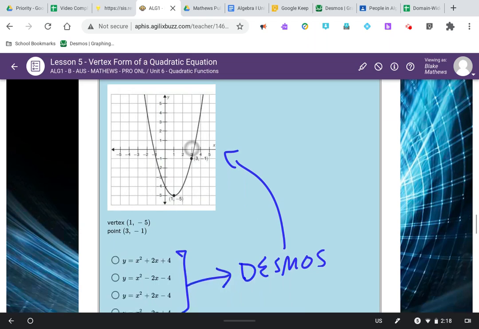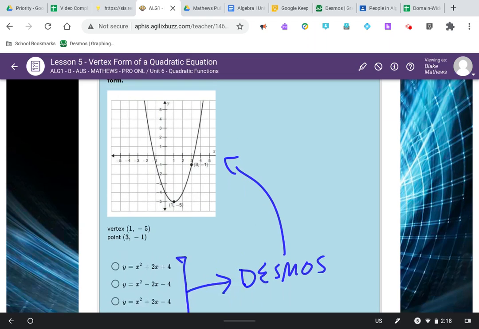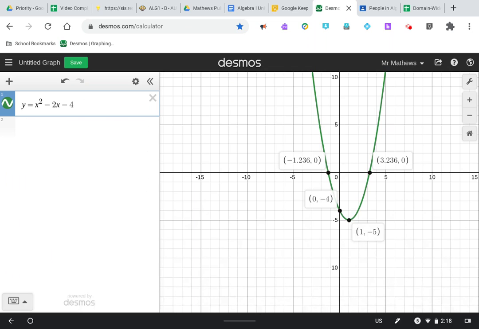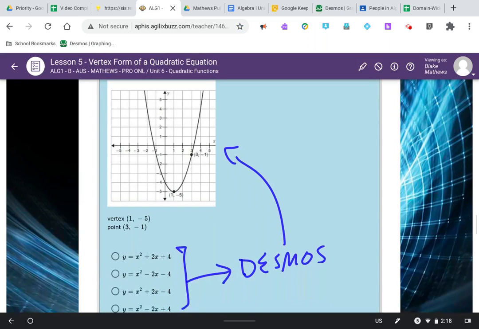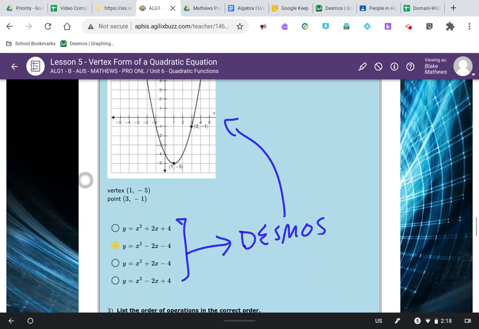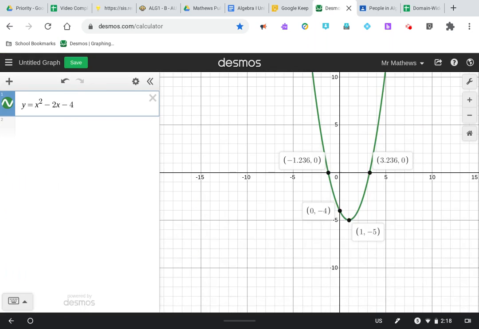We can also see the line crosses just past the 3 and just past the -1. There's even a y-intercept at -4. Let's see if that matches up. Yes, look right here. So clearly that's going to be our answer for that one. So you notice how whenever I'm given graphs and all I'm doing is just matching equations with graphs, let's jump over to Desmos and just graph these and see which one matches up.